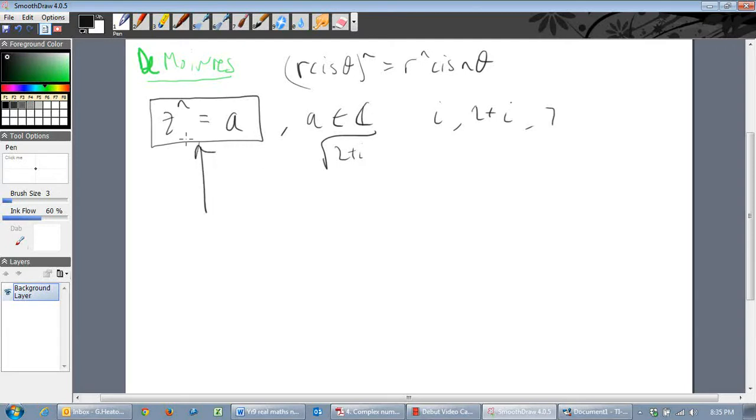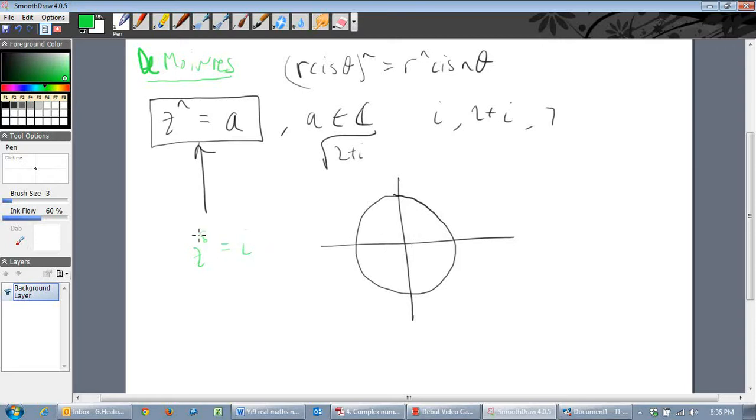If you get an equation in this form, what will happen on the Argand diagram is that, let's say it was z cubed equals i or something like that.